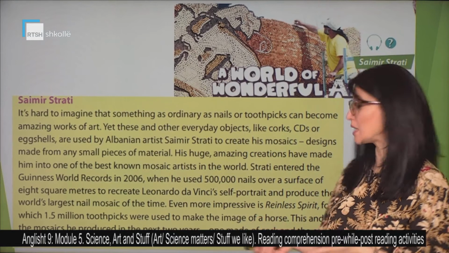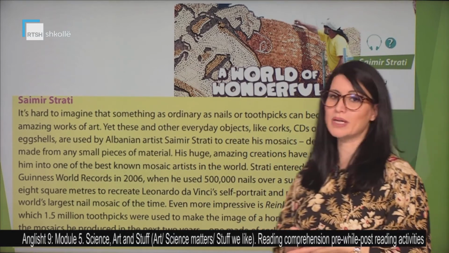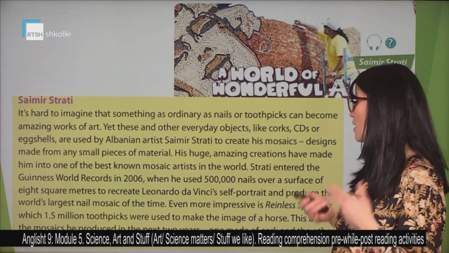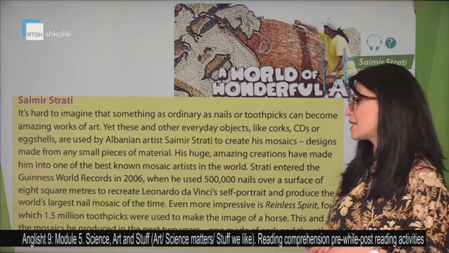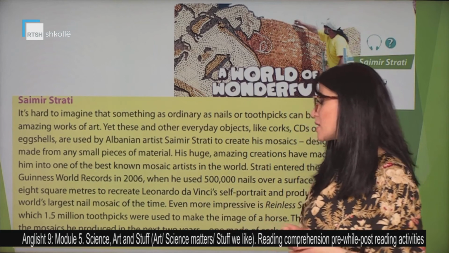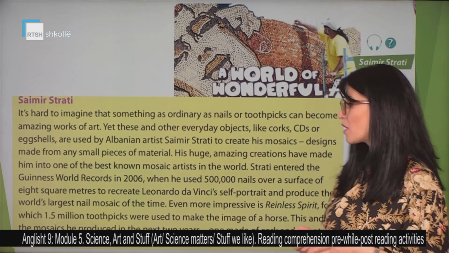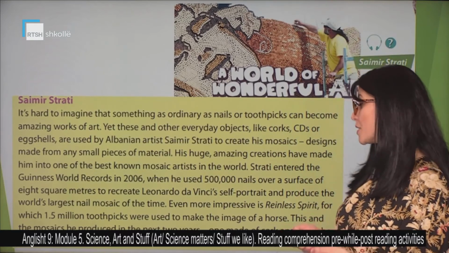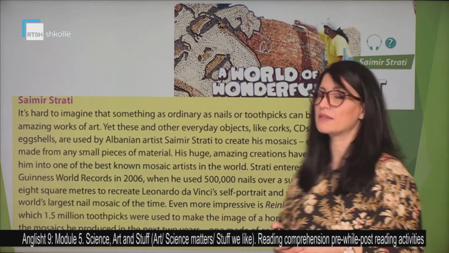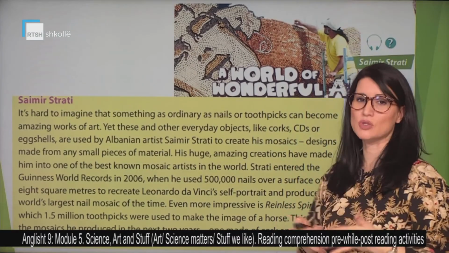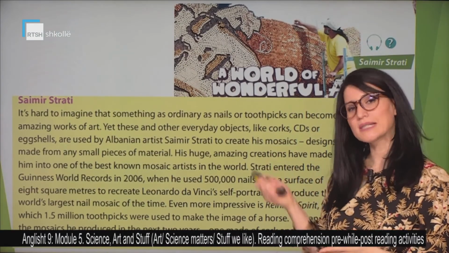Even more impressive is the Rainless Spirit, for which 1.5 million toothpicks were used to make the image of a horse. This and the mosaics he produced in the next 2 years, one made of cork and the other of paintbrushes, earned him 3 more mentions in the Guinness World Records. So, Sajmir Strati has used corks to make his mosaic.